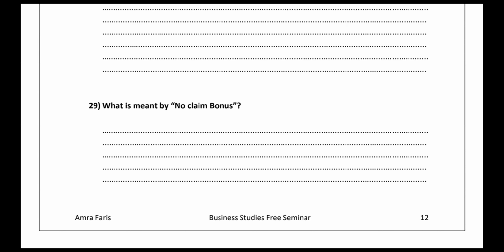When you renew your motor insurance policy for the next year, if you had not made any claims in the previous year, then for the next year they will give you a discount. That discount is applied to your premium payment. That is what we call no claim bonus. It is a discount applied to the premium payment.